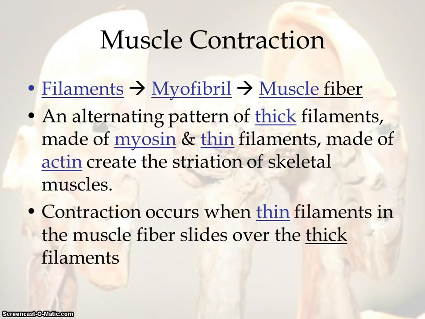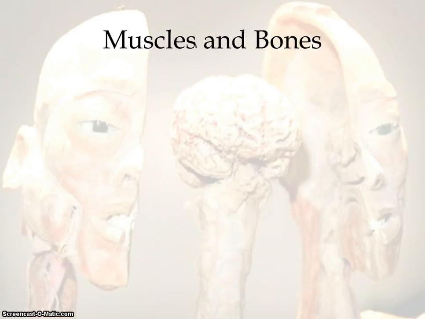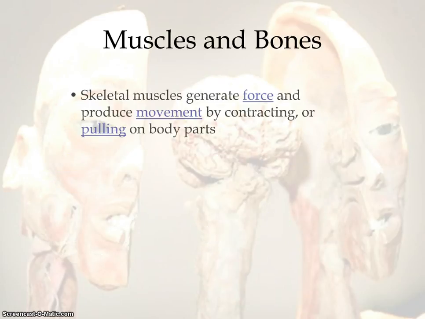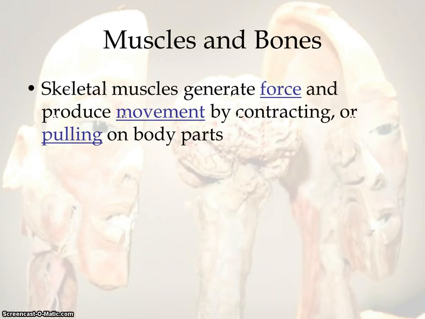So this alternating pattern of thin and thick filaments that build into the muscle fiber are going to slide against each other. When that happens, that's going to allow the muscle to pull or lift whatever object is being lifted by the arm.